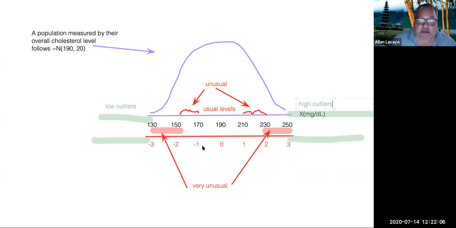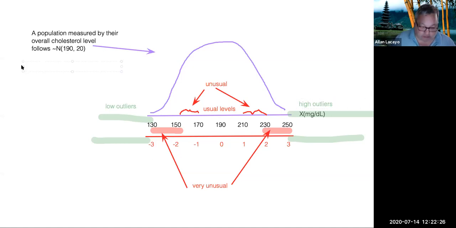Notice how, depending on how many standard deviations from the average people are located, they're extremely low in probability and extremely high or low in value, and thus they're called outliers.